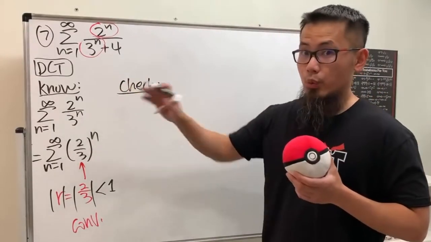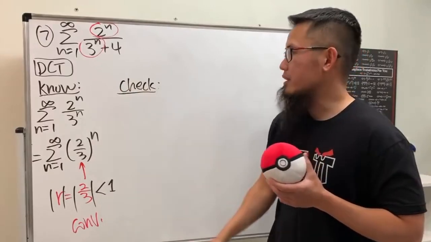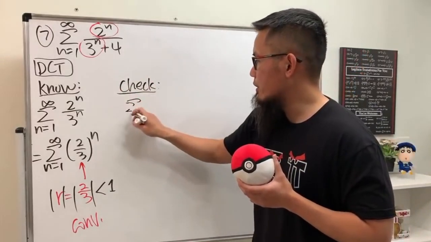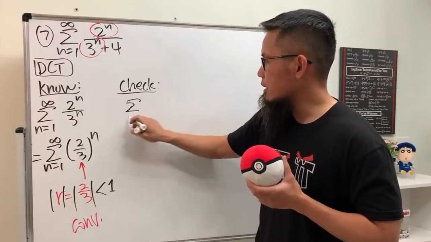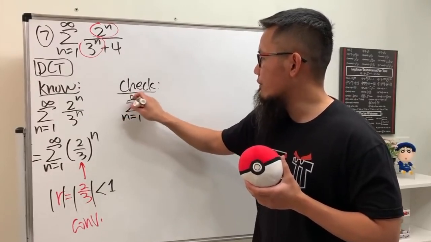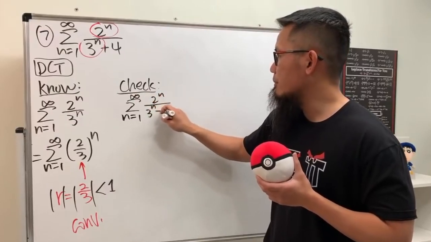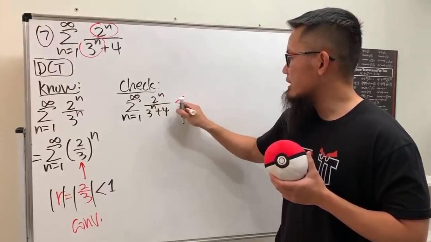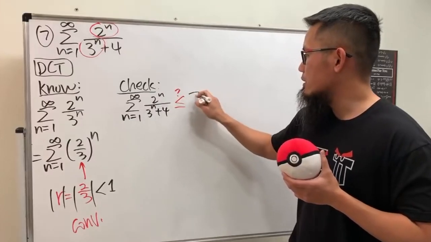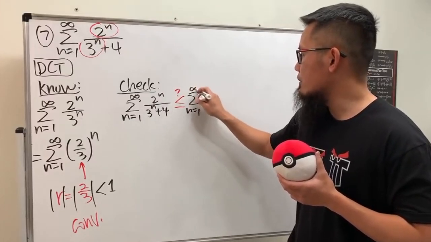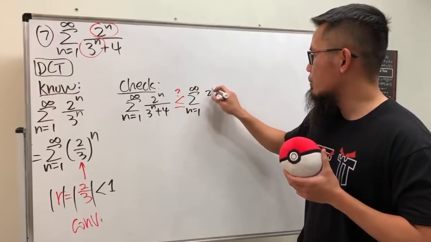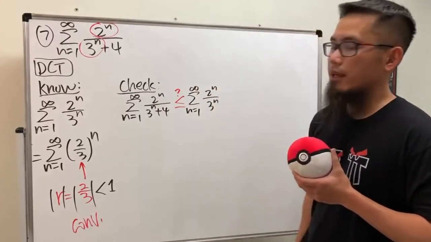Direct comparison test, we will do the inequality. Put down the one that we are trying to do. So the series as n goes from 1 to infinity of 2 to the n over 3 to the n plus 4, is this less than or equal to the series as n goes from 1 to infinity of 2 to the n over 3 to the n?